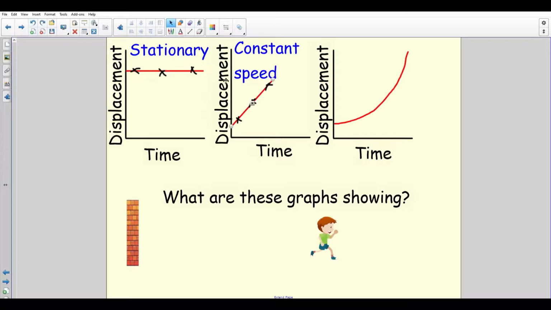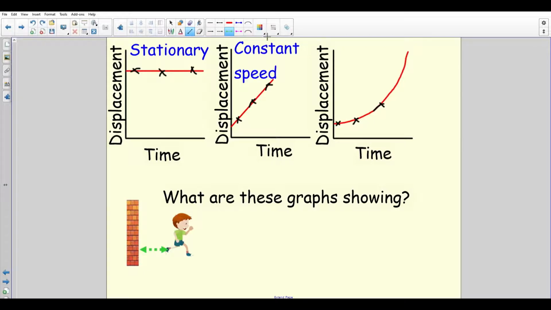Okay, now last one. This one's a bit trickier to show you, but think: the first second, again, quite close to the wall there. Second second, not moved much further away. Third second, start moving a bit further away. If you remember, first second to second second, we were kind of that distance.